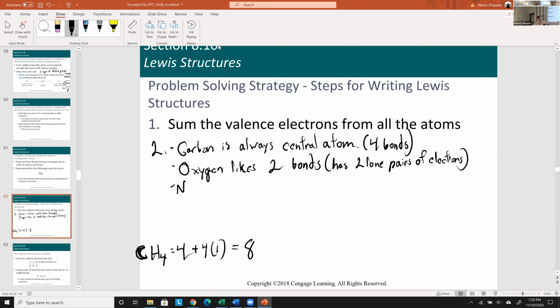Nitrogen likes 3 bonds and tends to have 1 lone pair of electrons.